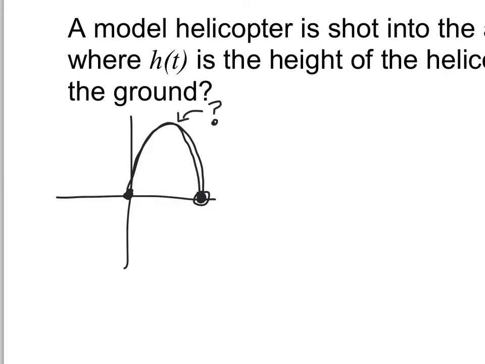What they're asking is when the helicopter hits the ground. And they're asking me for the time, which are these x-intercepts. So we're just going to do what we've always done. Start with our equation. We're going to begin by factoring.